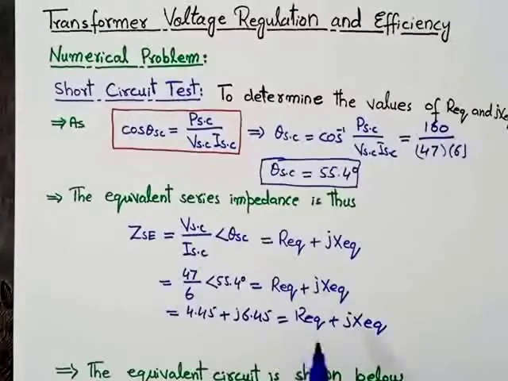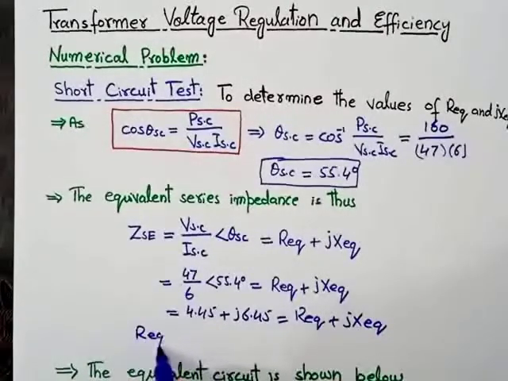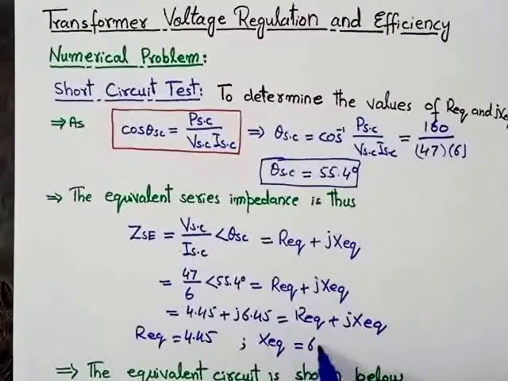Now we compare real part with the real part and imaginary part with the imaginary part. So the value of R equivalent will be 4.45 and the value of X equivalent will be 6.45. So these values are referred to the primary side.